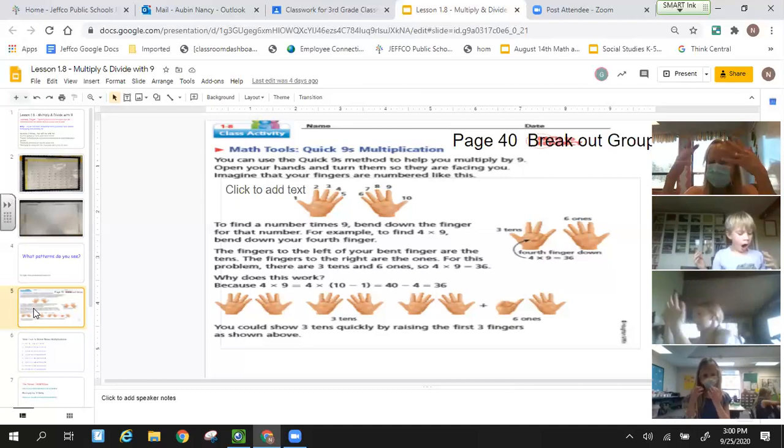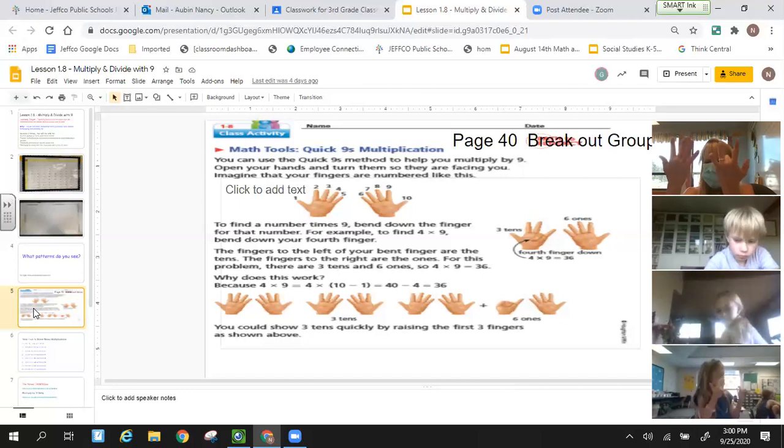Okay, shake them out. Let's do 3 times 9. Let's put our third finger down. 1, 2, 3. How many fingers are to the left? How many fingers are to the right? What do you think? Robert, can you tell me?